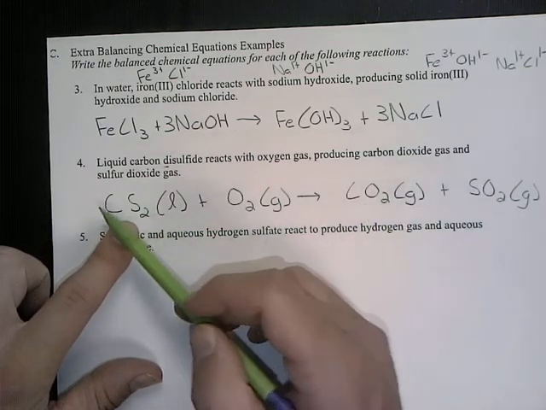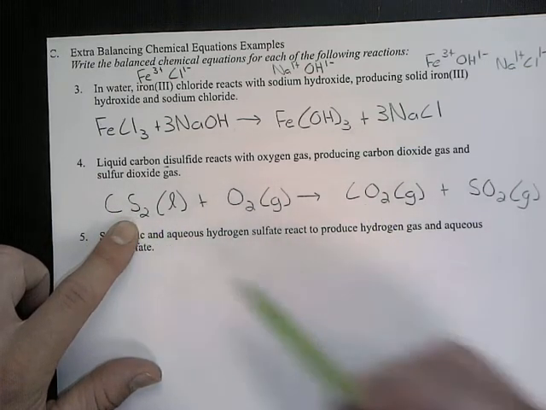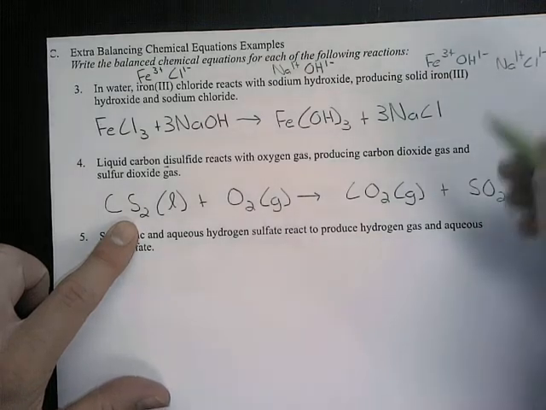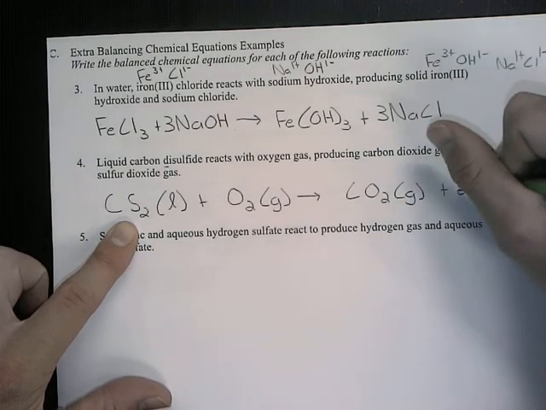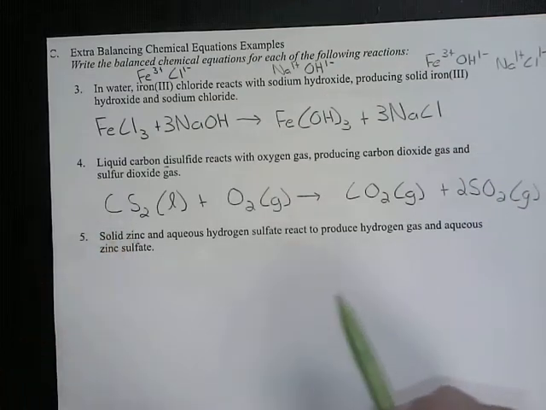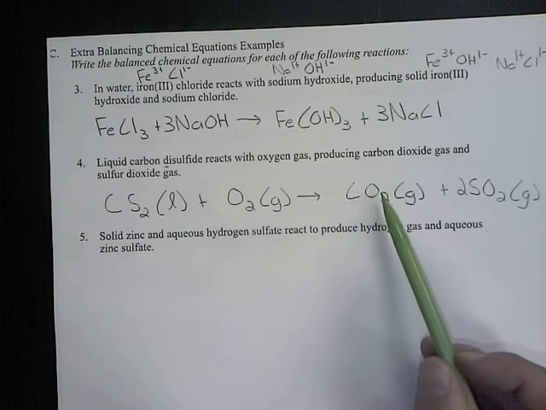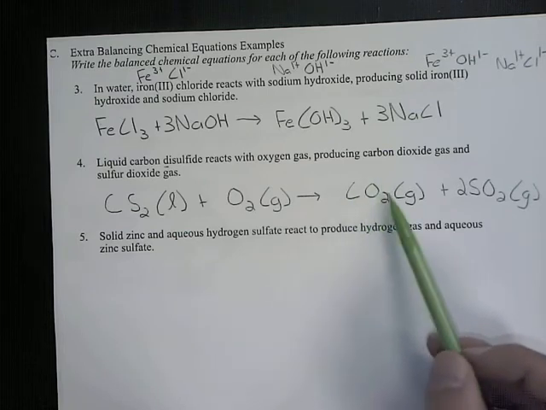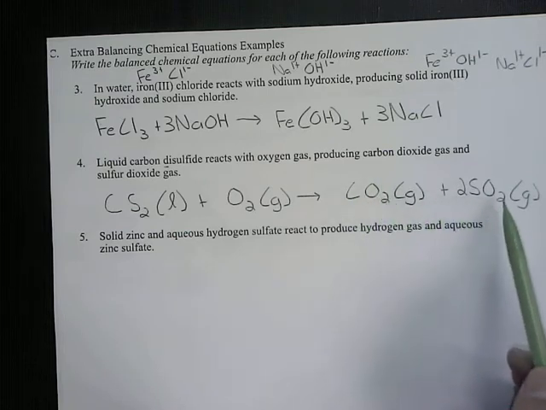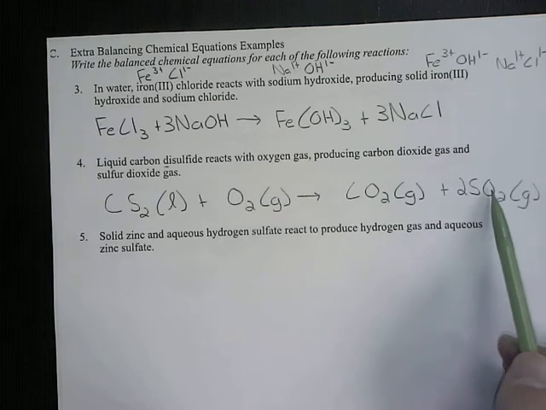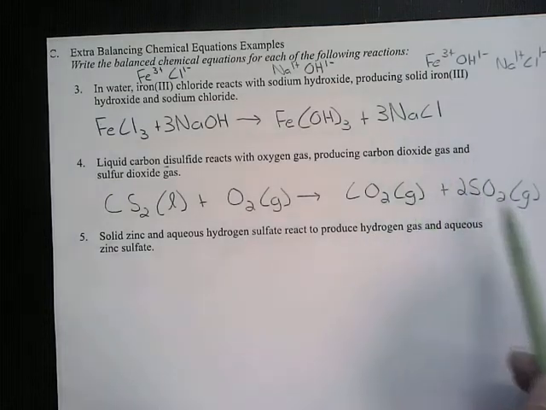On the left side we have 2 sulfurs. On the right side we have 1, so we put a 2 coefficient out in front. And then we turn to our oxygen. Over here on the left we have 2, and on the right we need to be very careful because we have 2 oxygens from the CO2 and then 2 times 2 oxygen, so 4, so a total of 2 plus 4, which is 6 on the right.